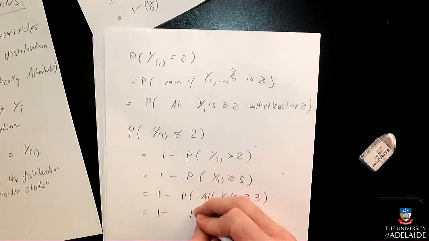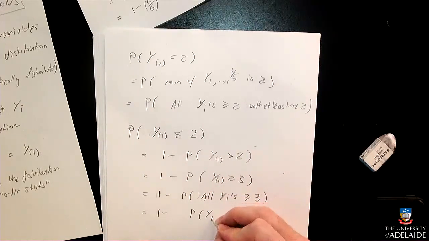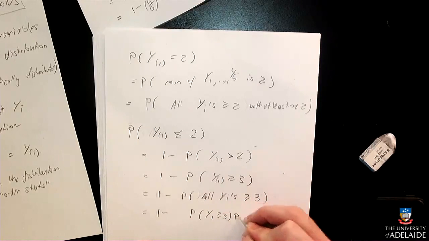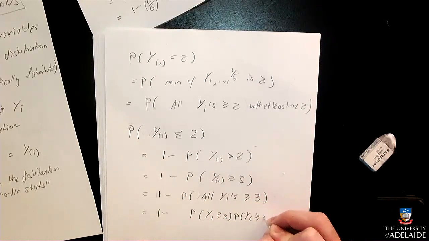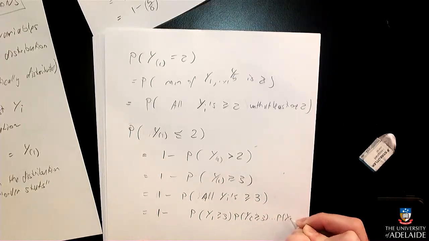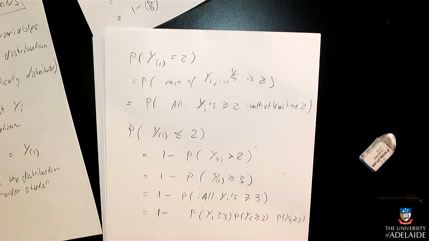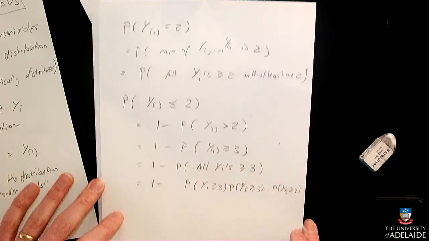1 minus the probability that y1 is greater than or equal to 3 times the probability that y2 is greater than or equal to 3, like that. Cool. And they're all the same because they're all the same distribution.